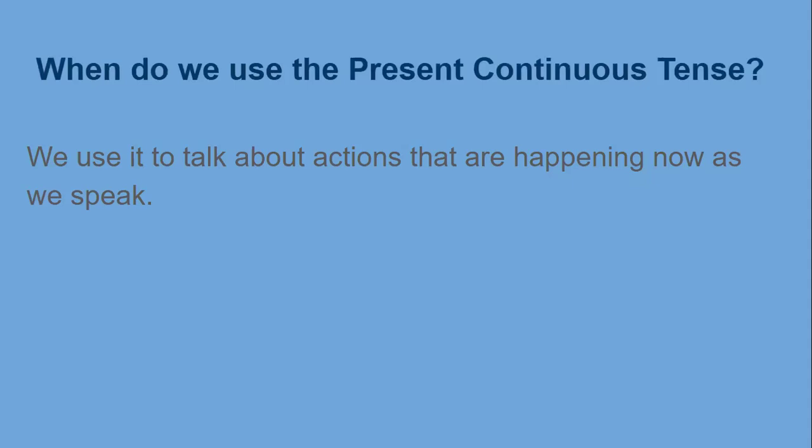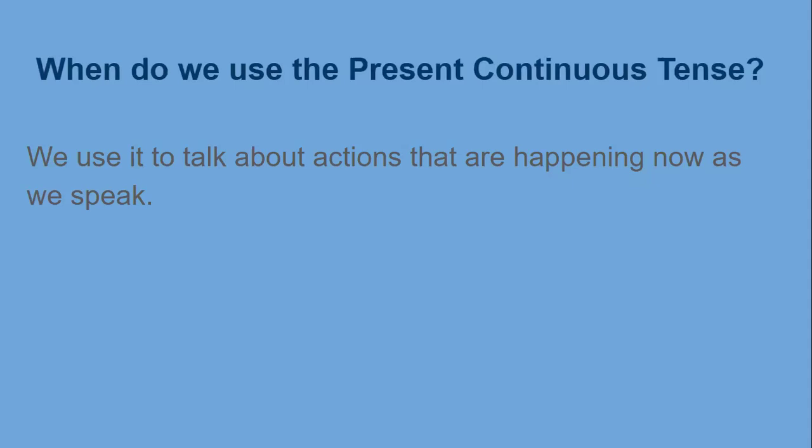Now, please do not confuse the present continuous tense with the simple present tense. Please do not confuse the two because they are completely different. Remember, with the simple present tense, we said we use the simple present tense to talk about the actions that we normally do in our lives as part of our routine, as part of our habits.